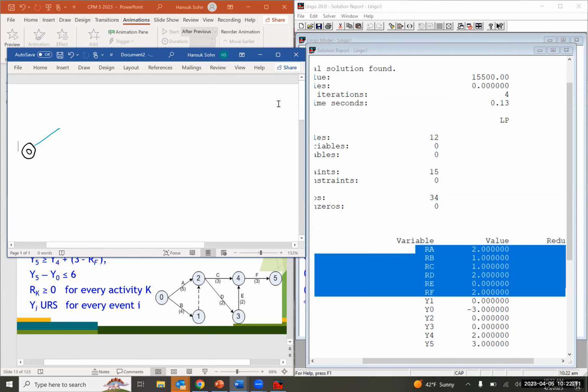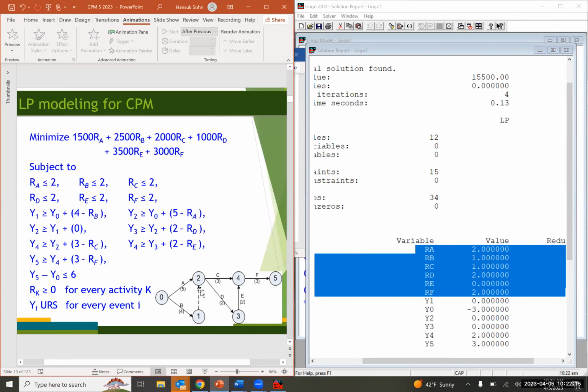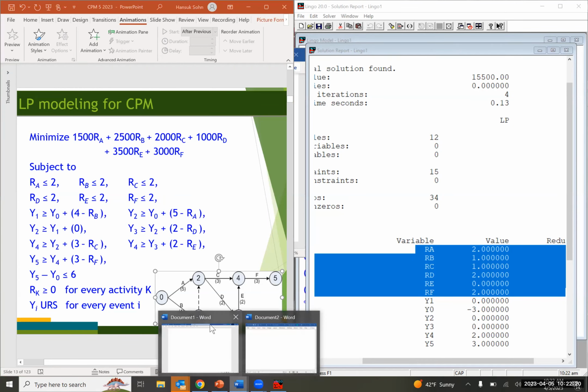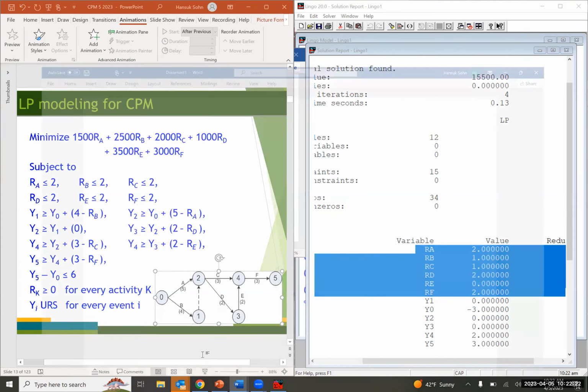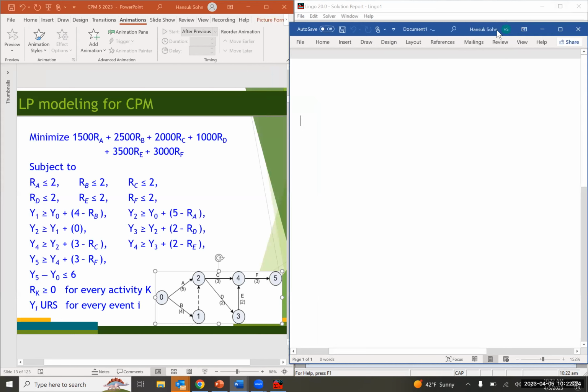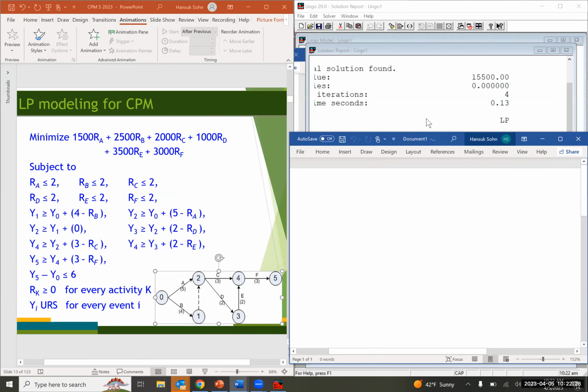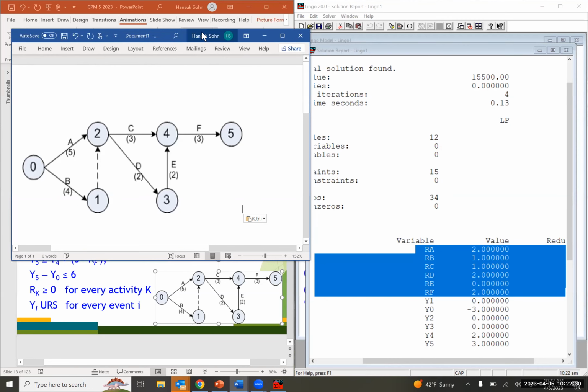I don't need to; we're going to just copy from our PowerPoint slides and paste it down here. Okay, so that's the original AOA network diagram, right?